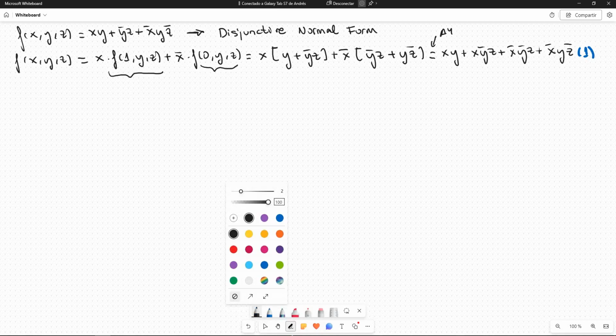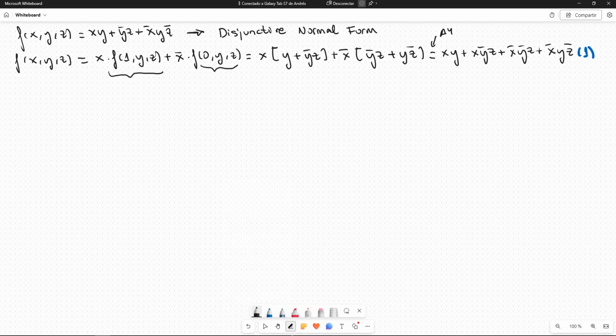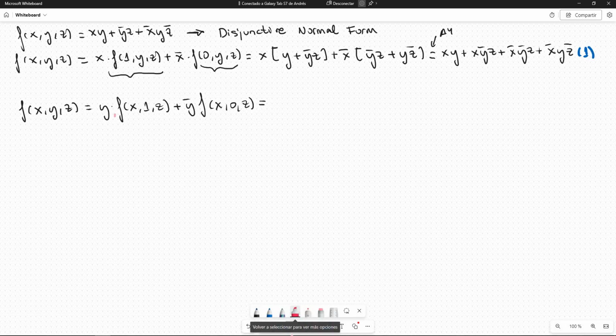Now we apply again the Shannon expansion theorem, but now we are going to apply it to the following variable, that is the y. So we obtain these new subfunctions.